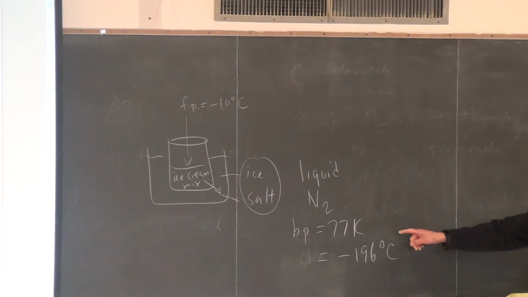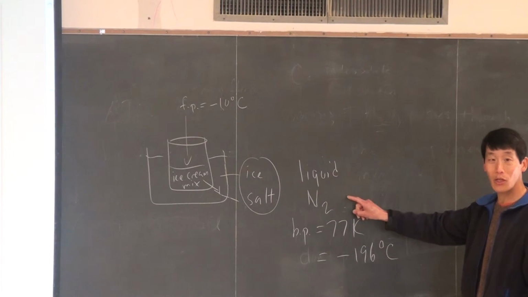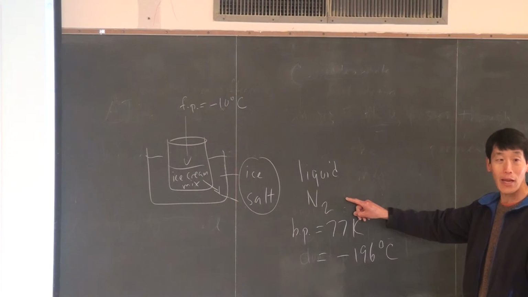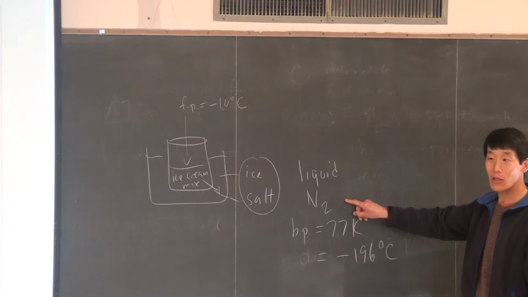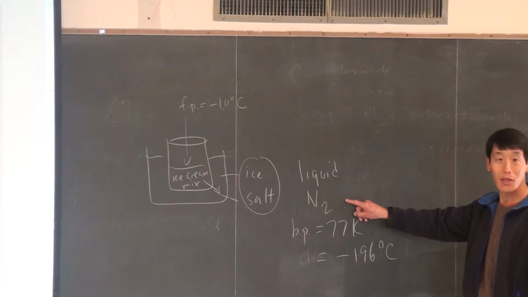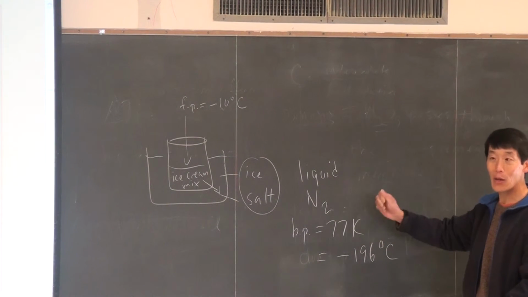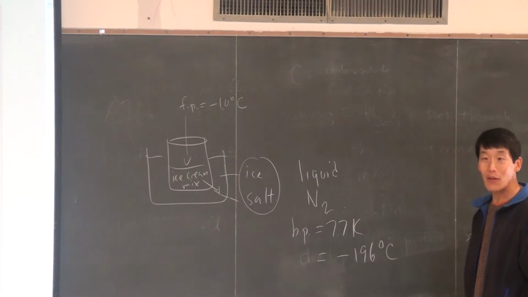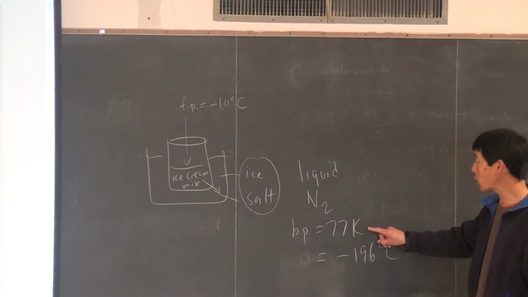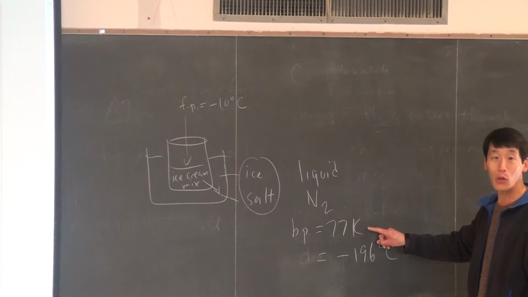Now you want to be careful if you've ever used this. You put it in a thermos, which is an insulated container, but when you put it in a room temperature thermos, it starts boiling because the thermos has to get cold too. And usually when it starts boiling, it starts spattering out of the thermos. And then if you have this really cold liquid nitrogen spattering on your fingers, it feels like it's burning your skin.